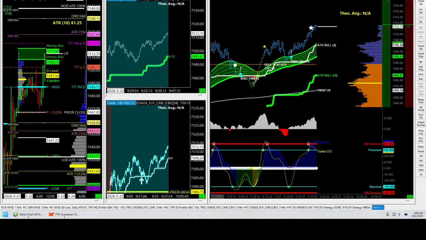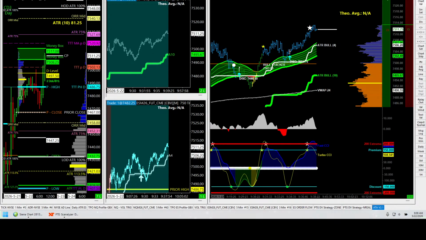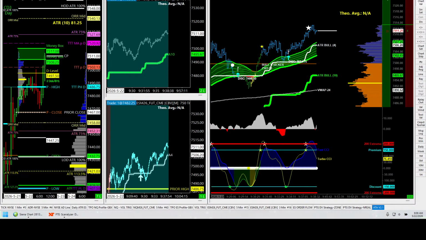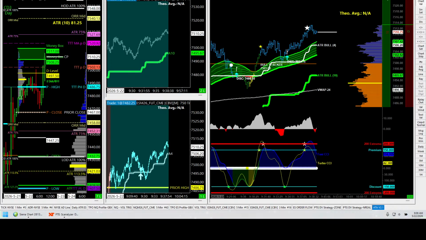All right, staying long, looking for longs, pullbacks. Right now, the D-level money box is not really responding at the moment. So just be patient.